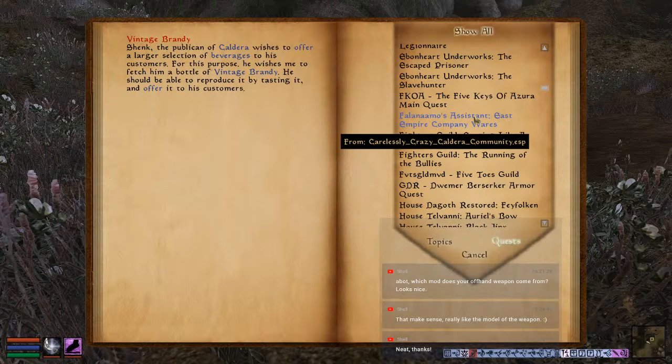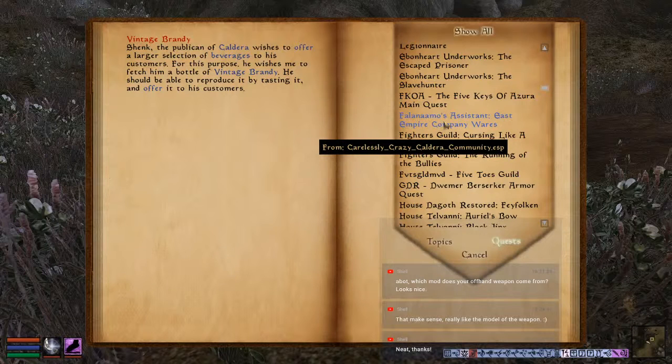Oh, now I understand why. So I have currently set the mod, which I'm testing, to add the prefix only if there is not some prefix in the quest name already. So in this case we have the original prefix, which is Fallen Ammo's assistant, but the mod is the same, as you can see from the hint.